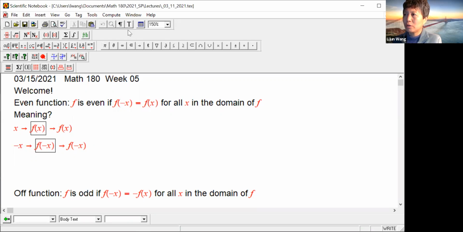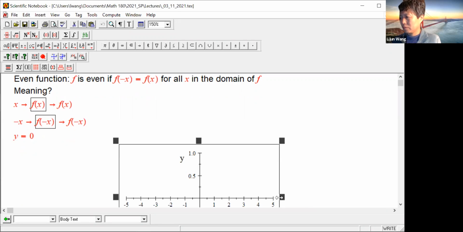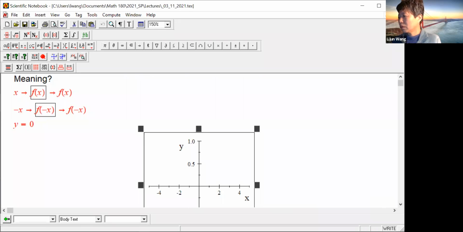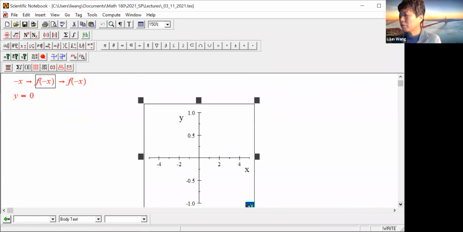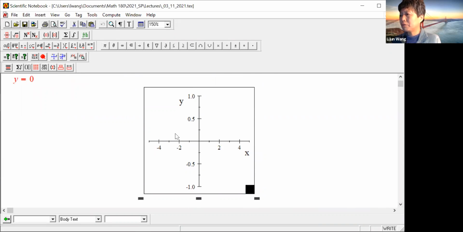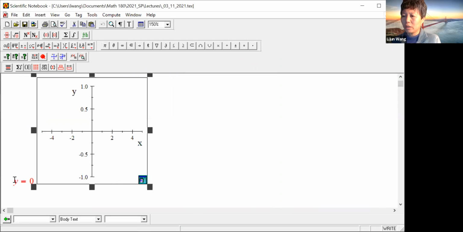What I'd like everybody to do is, I want to give you just a little bit of time to analyze the situation. I think you might be able to come up with something. What is even function? What's odd function? Just follow the words to see if you can picture what's happening. What's going on with even function?